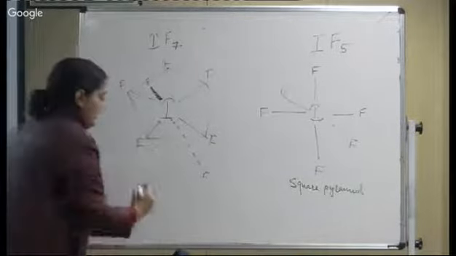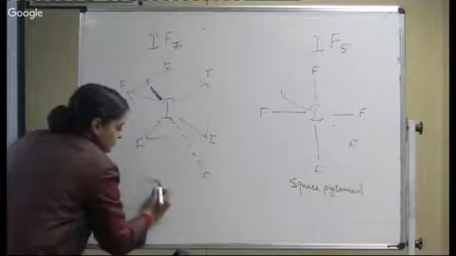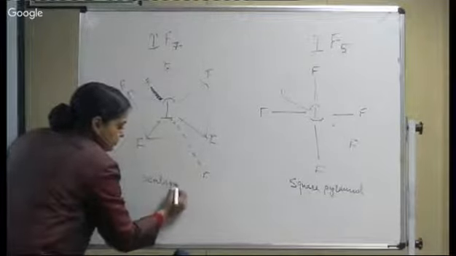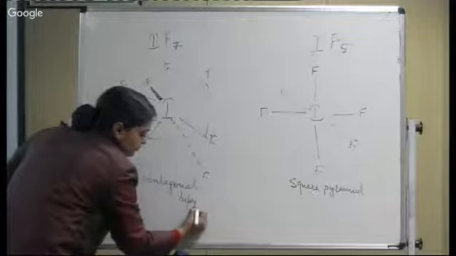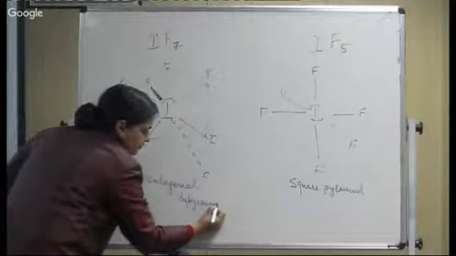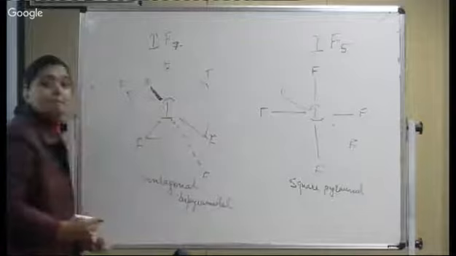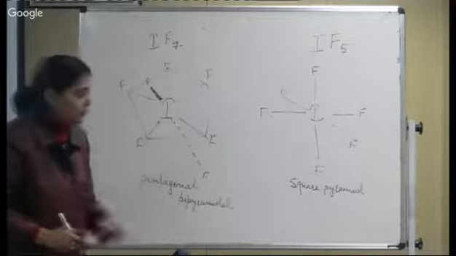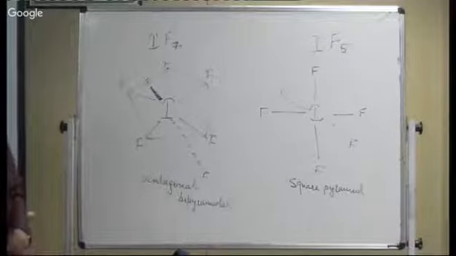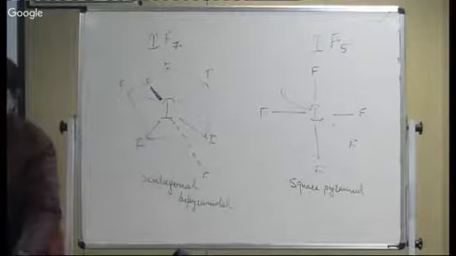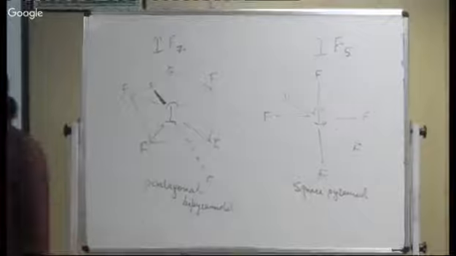So it will be pentagonal bipyramidal. Two pyramids, bipyramidal. 1 pyramid, only pyramidal. Right? Clear? Okay. Now, next slide, please.